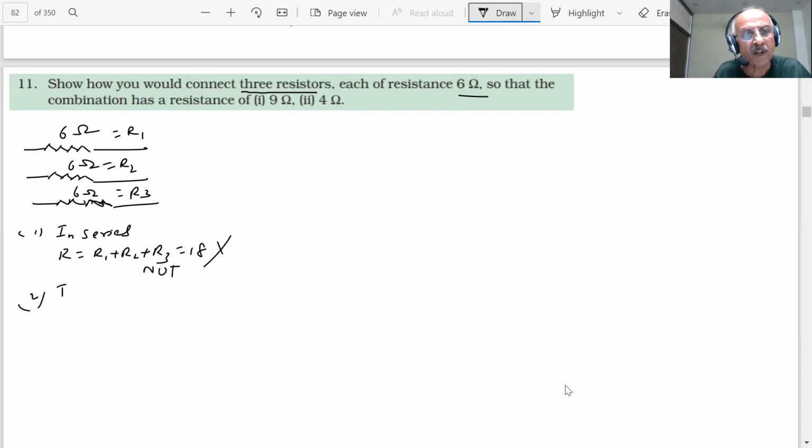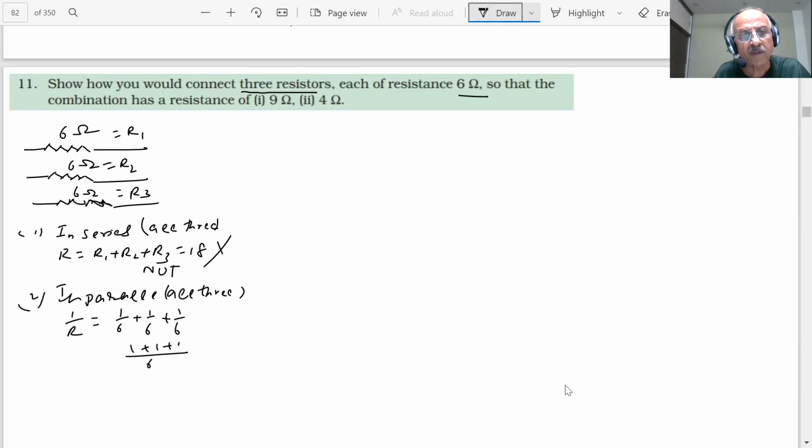If I connect all the three in parallel, then what value will come, students? 1 by 6 plus 1 by 6 plus 1 by 6 is how much? 3 by 6, that is 1 by 2.